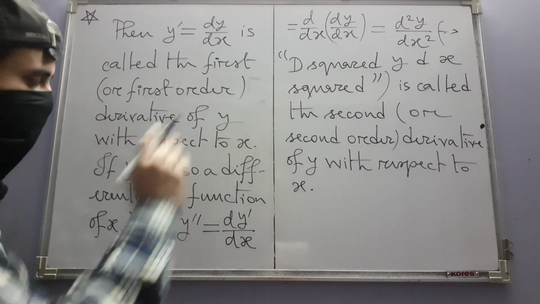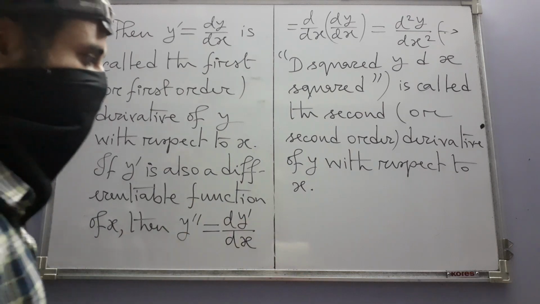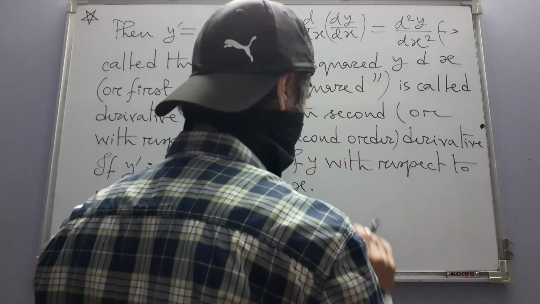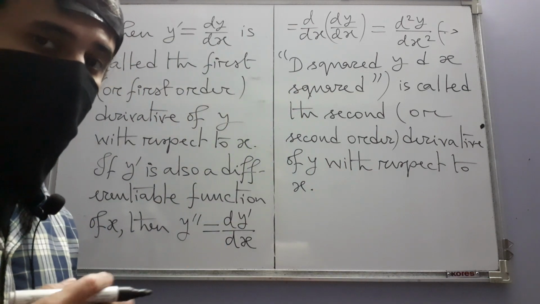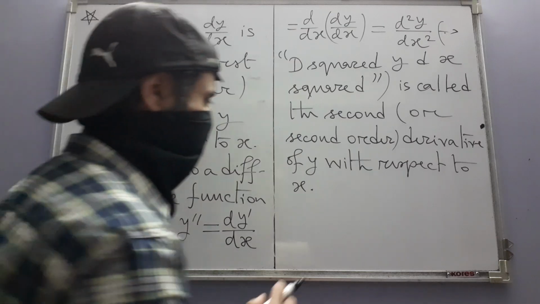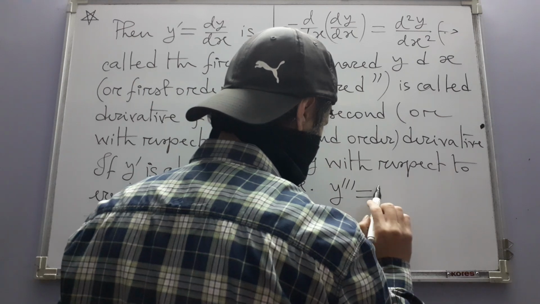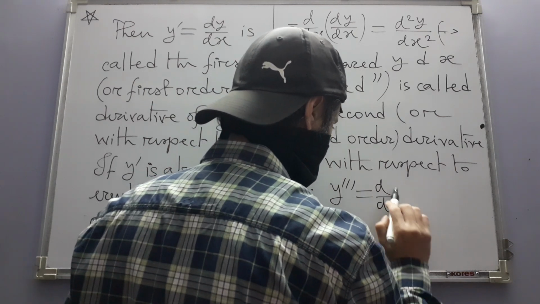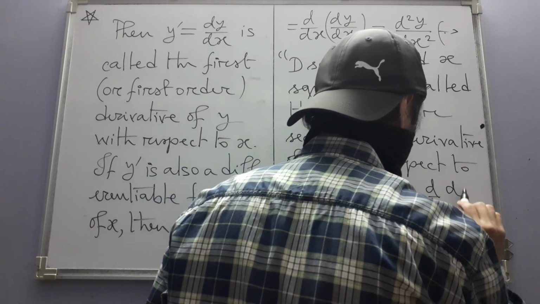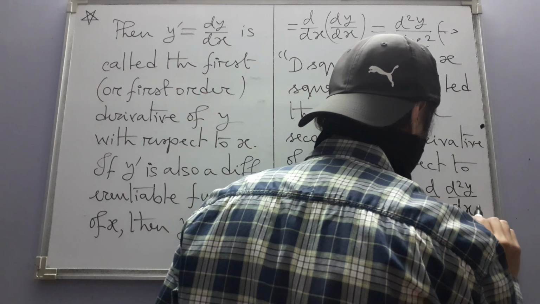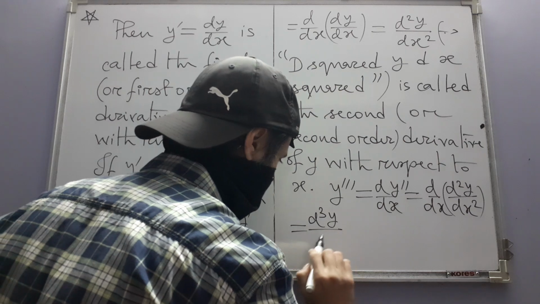If this also turns out to be a differentiable function of x, because this is again after all a function, then you can continue differentiation and consider the next derivative, the third derivative or third order derivative, which of course will be this y triple prime, and this will be denoted like this.